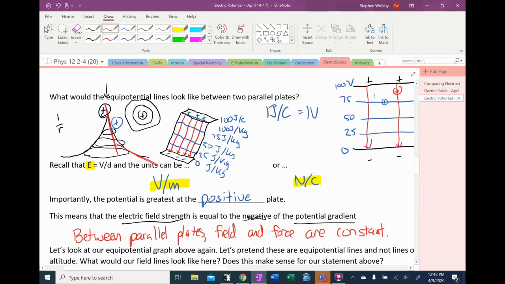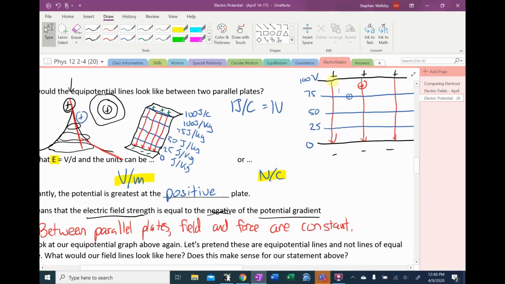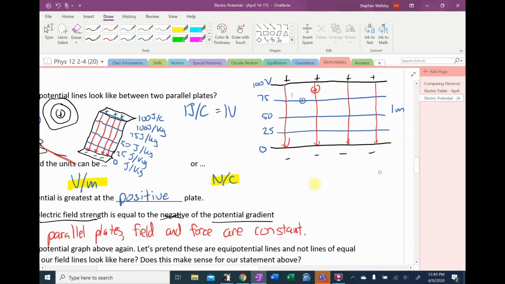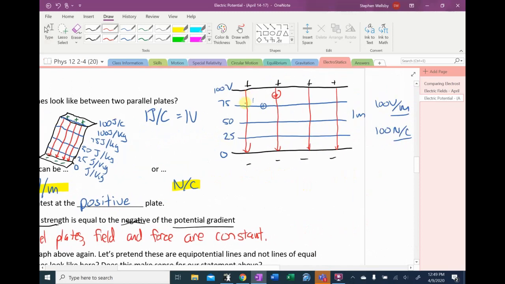What I mean by that is we can see this first of all with the fields. If we look at these field lines, one of the ways that we measure field strength is how closely the lines are packed together. If we look at this diagram up here, does it seem at any point like the lines are getting closer or further apart? The answer is no. These are all parallel lines. So if the spacing between these field lines remains constant, that means the field strength is also going to be constant.